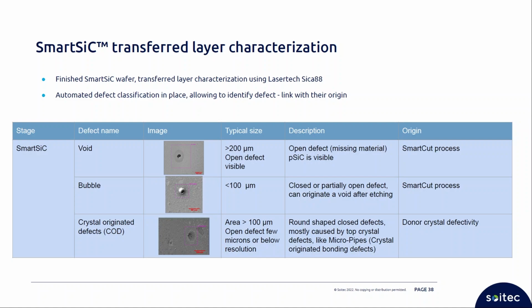And then what we call the crystal originated defect. It's an area, again an open defect, mostly related to the top crystal defect. A micropipe on the donor wafer is a small void.